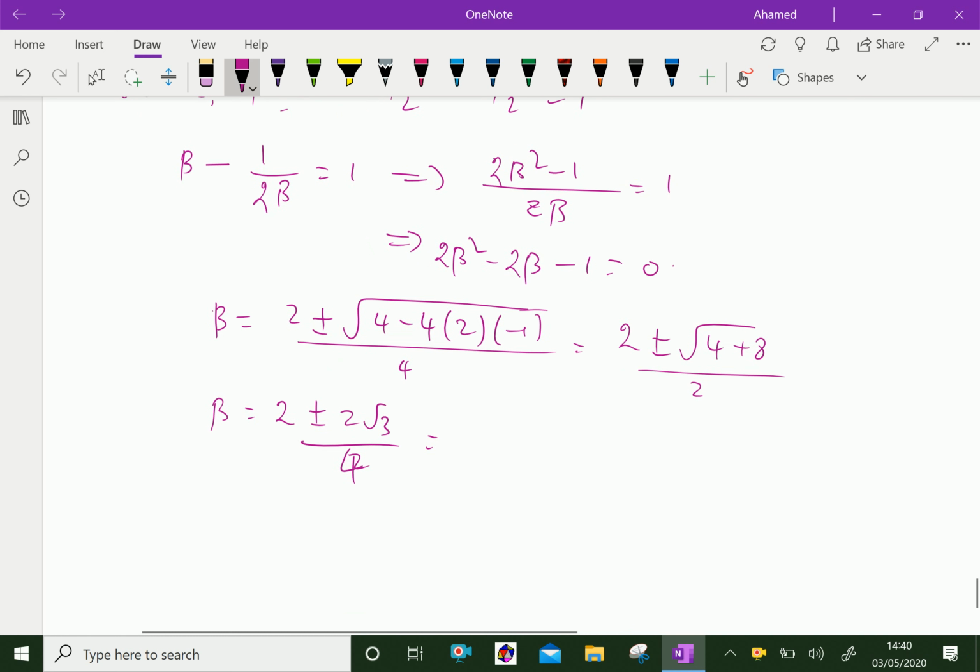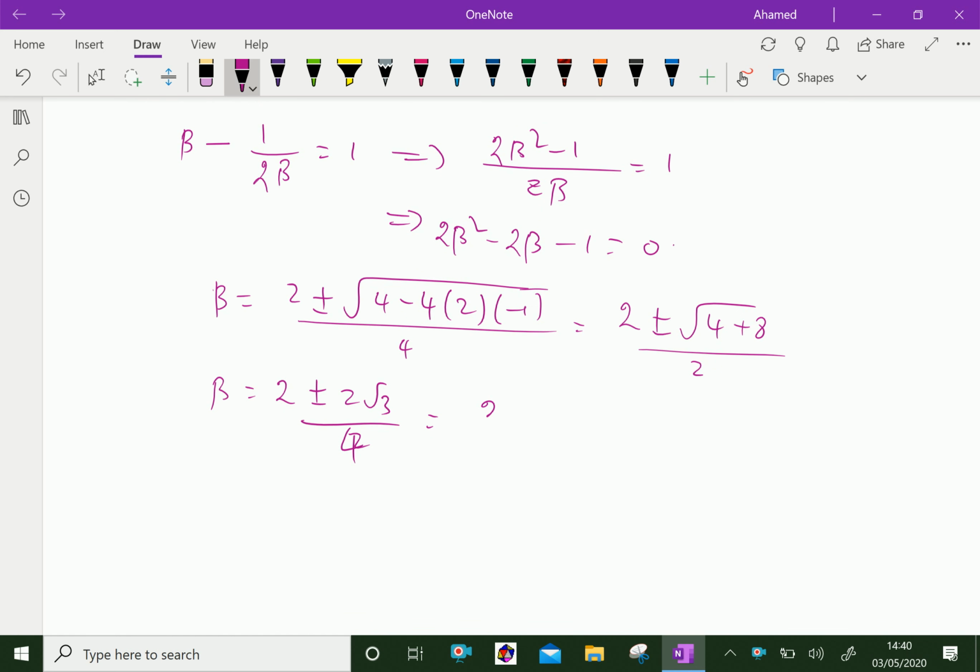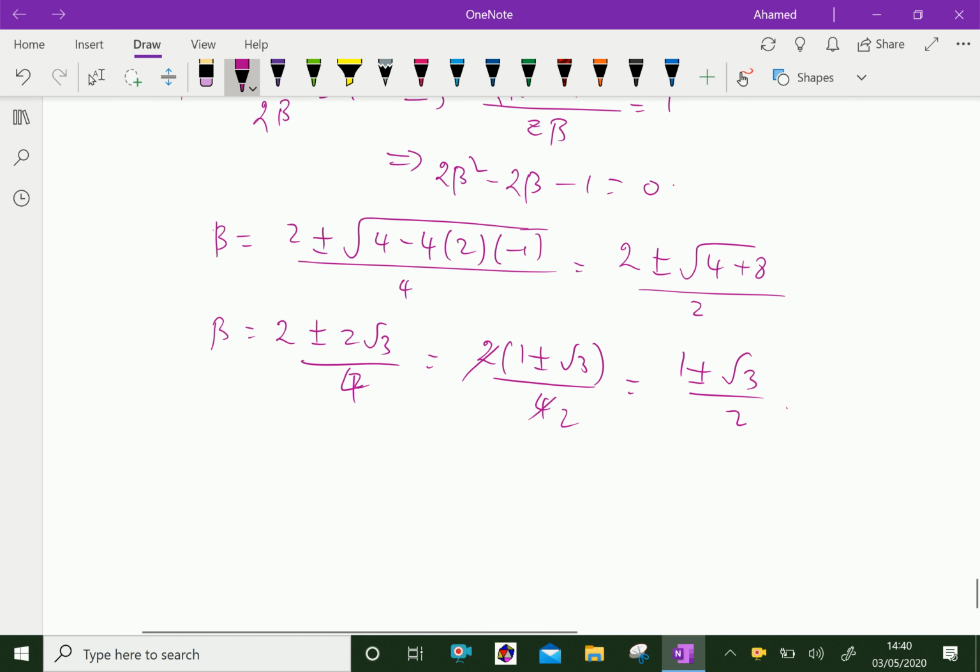After simplifying, you get 2 taken out, 1 plus or minus root 3 over 4, cutting 4 and 2, that's 1 plus or minus root 3 by 2. So we have beta value as 1 plus root 3 by 2.